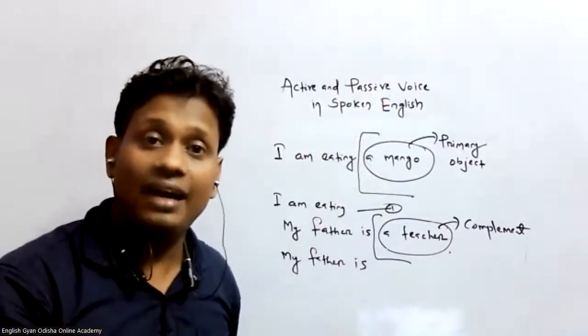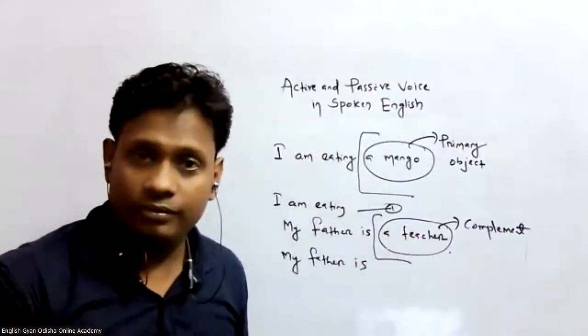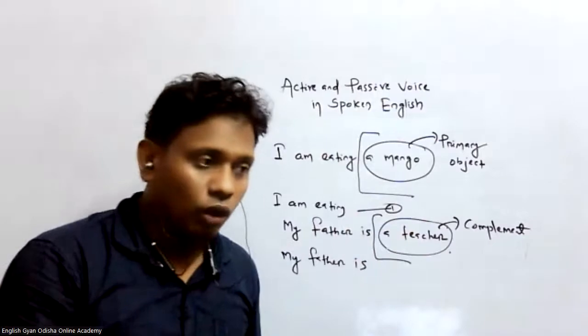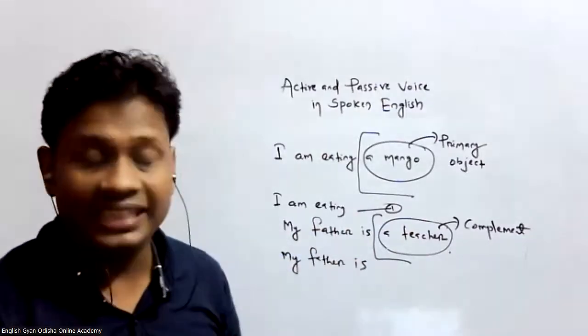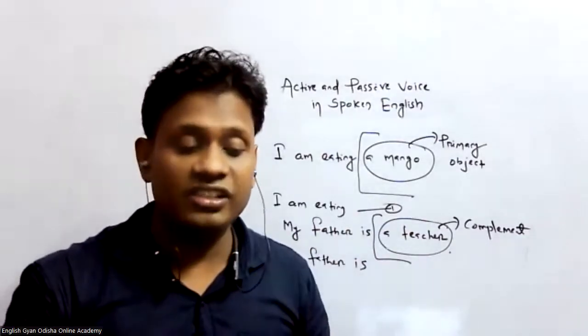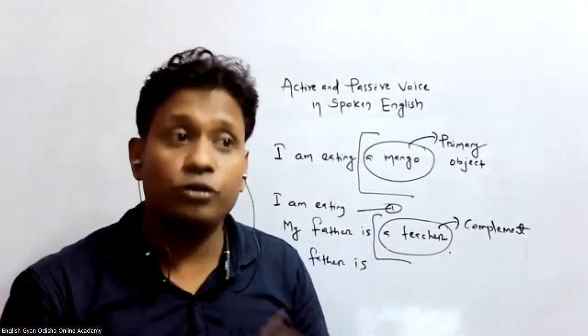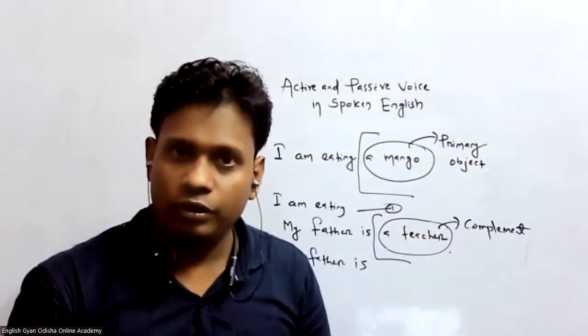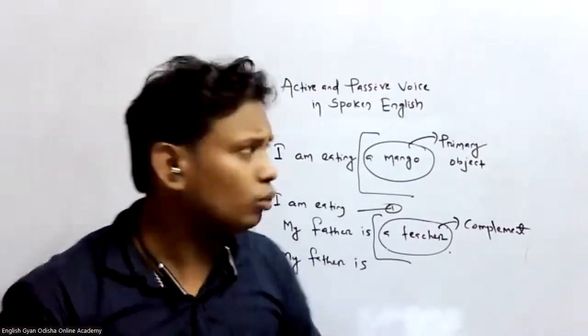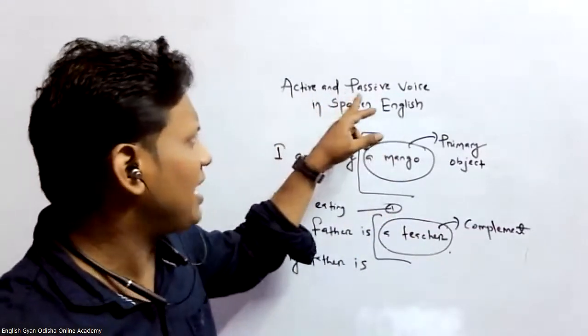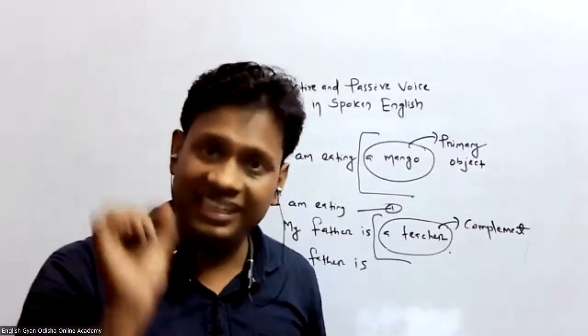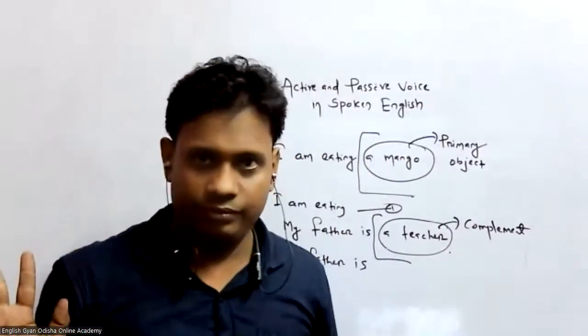Because it doesn't have an object. So remember, not all the sentences you speak every day contain an object. So obviously, active and passive is possible in the sentences where there is an object.